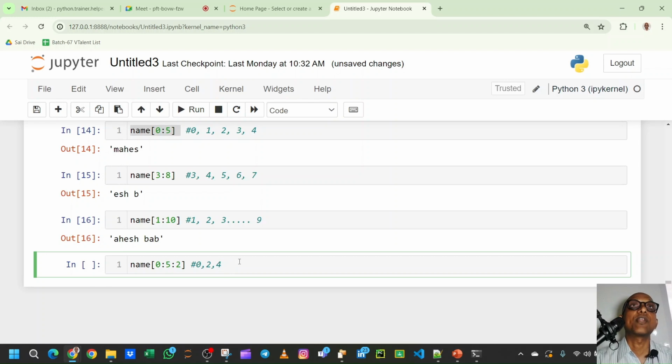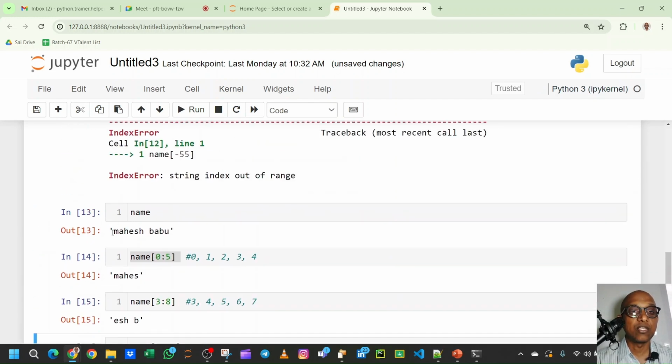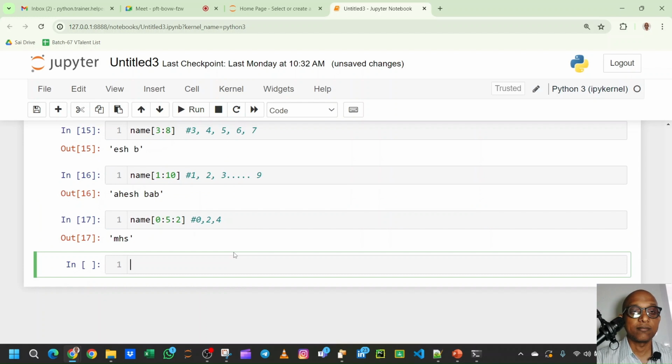No, because it is out of range. I want to get only the index numbers starting from 0 to 5 with an increment of 2. So with this particular code, I am able to get the characters present at the 0 index, 2 index, 4 index. That's it. So if I just see here, what are the characters? 0 index, M, 2 index, H, 4 index, S. M, H, S is what I'm going to get.